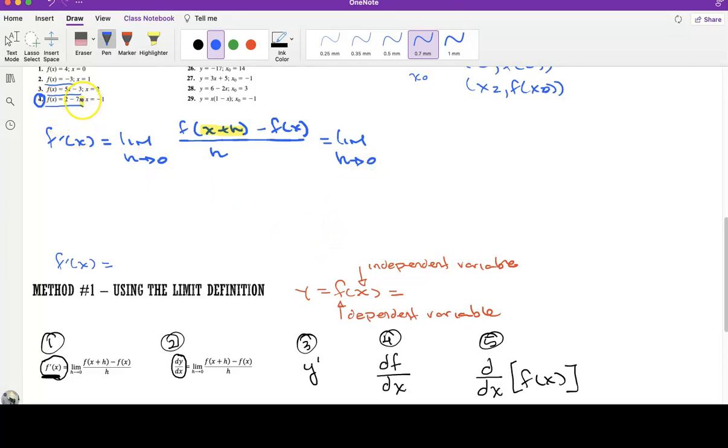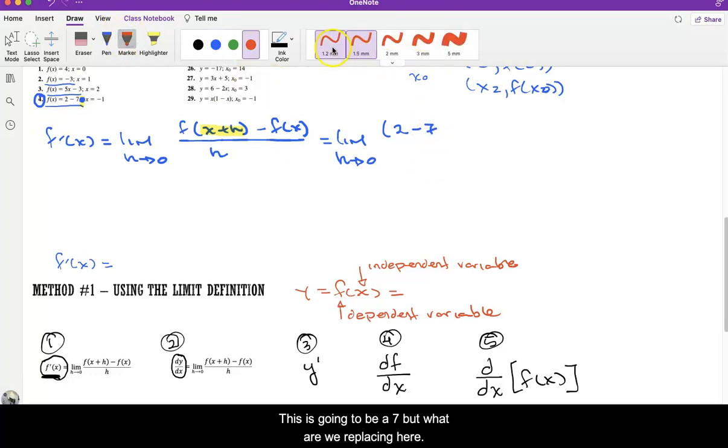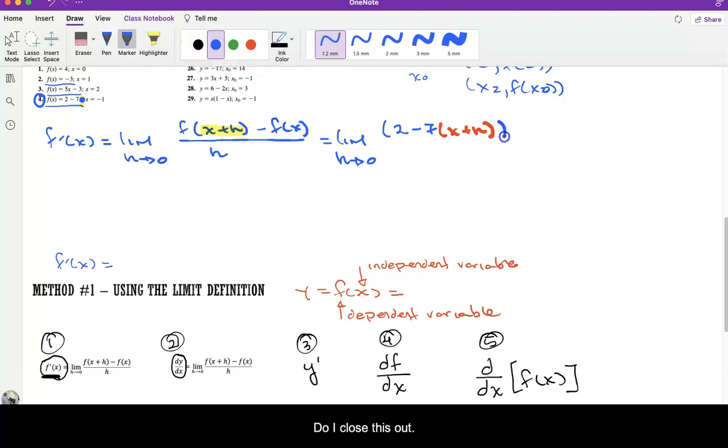And so now what do you have? You have a 2 minus a 7, but what are we replacing here? We're replacing this with x plus h, and we close this out.